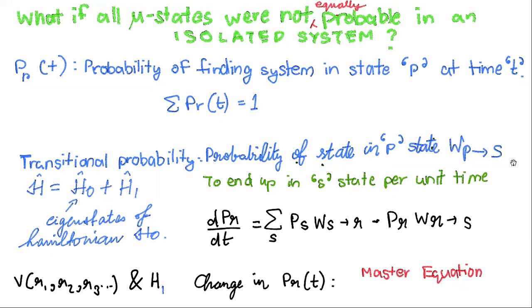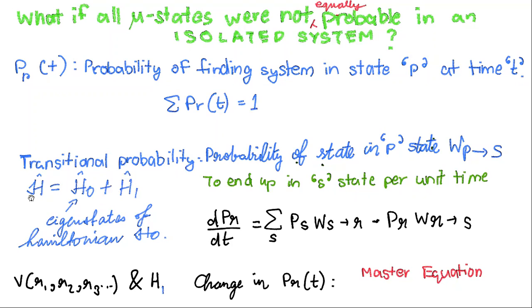So that's WPS. It's the transitional probability, the probability that the system is going to go from one quantum state P to another quantum state S. Now, if a system is already in an eigenstate, it doesn't have any reason to evolve to a different quantum state S, unless there is a small perturbation, which we shall call H1.